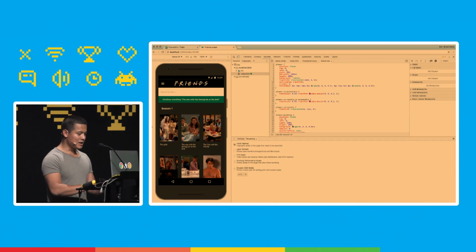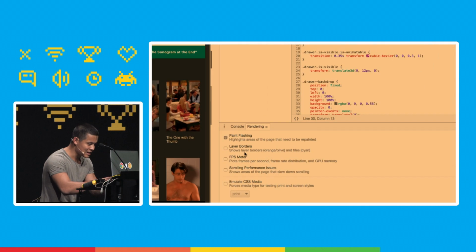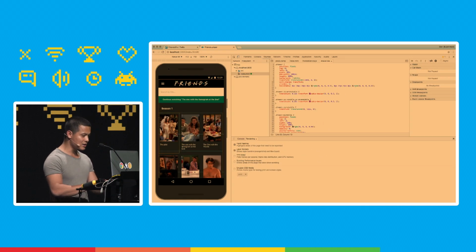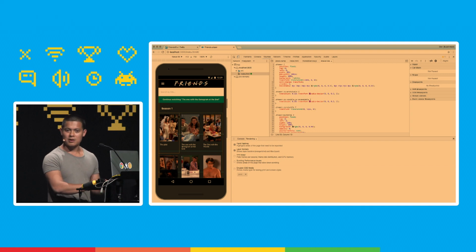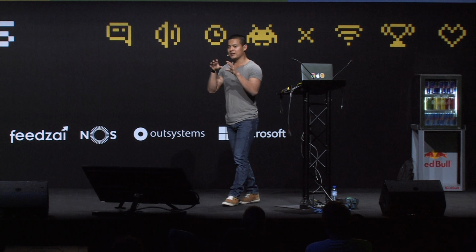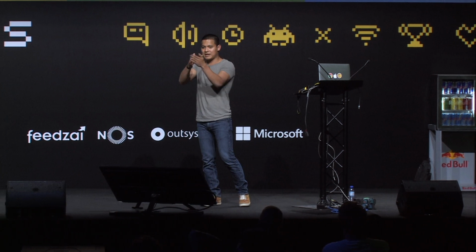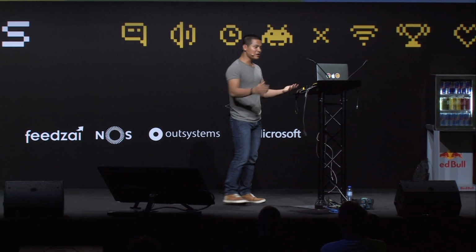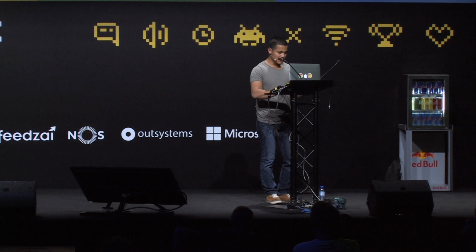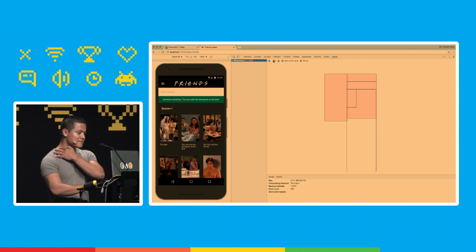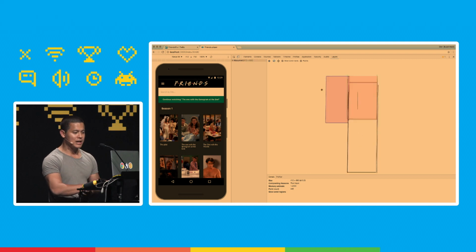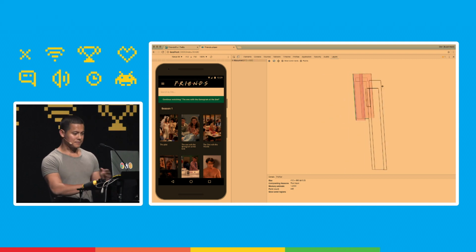Perfect. By the way, down here you've got these layer borders. If you turn it on, can you see that there are orange layer borders around things in the application? Those are all the composite layers in your application, the layers that exist on their own. But you can visualize that a little better using this experimental layers panel. With the layers panel, you can visualize exactly all the layers in your application.